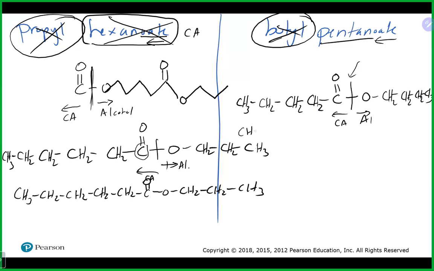We'll go CH3, CH2, CH2, CH2, carbon, oxygen, double bond, oxygen, CH2, CH2, CH2, and CH3. Didn't get any better redrawing it, but did our best there. Any questions on that one there?